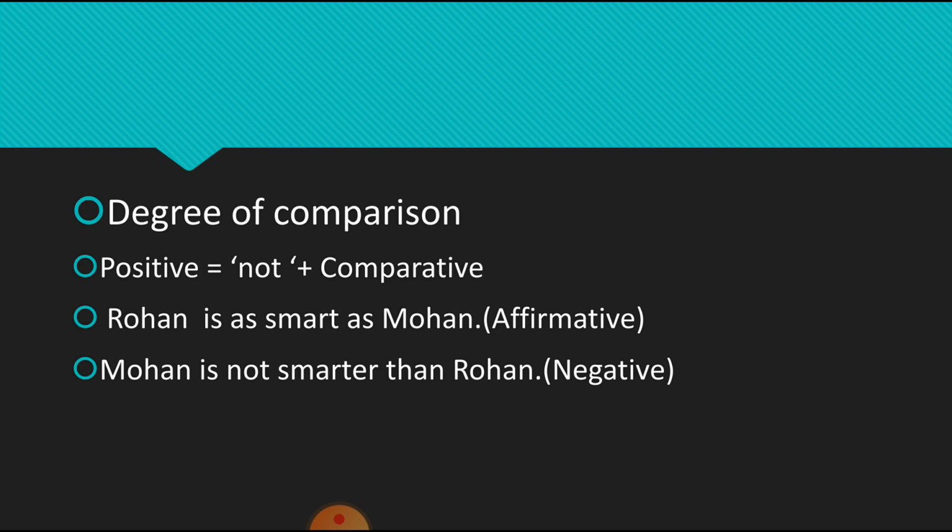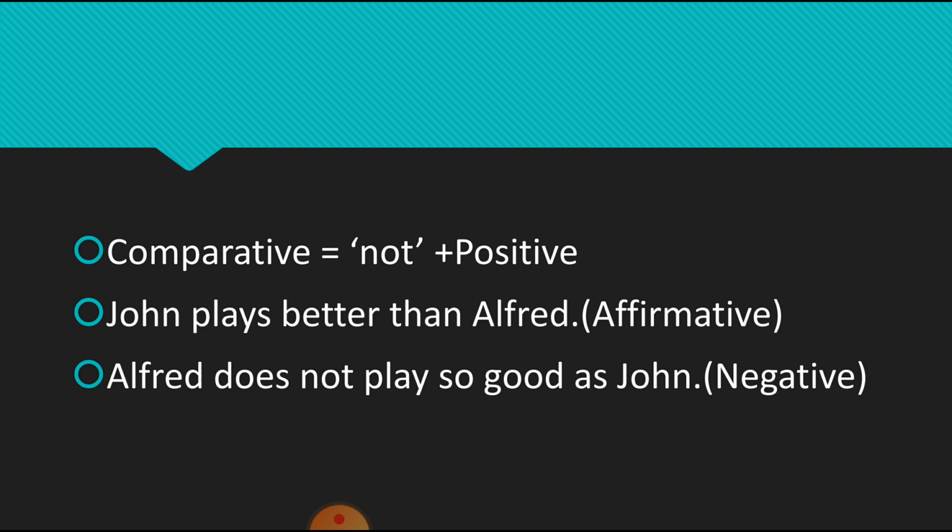We have to change it to a negative form. So, Mohan is not smarter than Rohan. Not is a negative form and smart will become smarter. So this is when there is a positive sentence and we have to change it to a negative one, so we will do it accordingly.